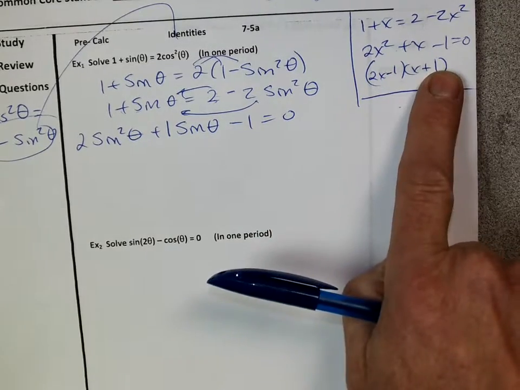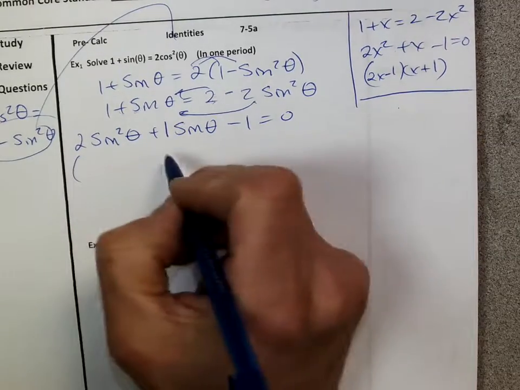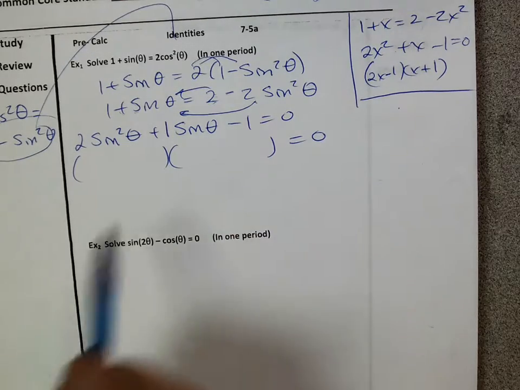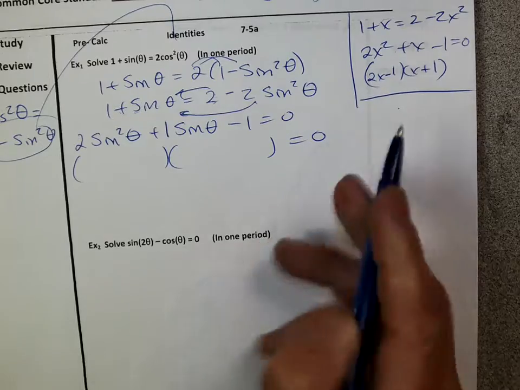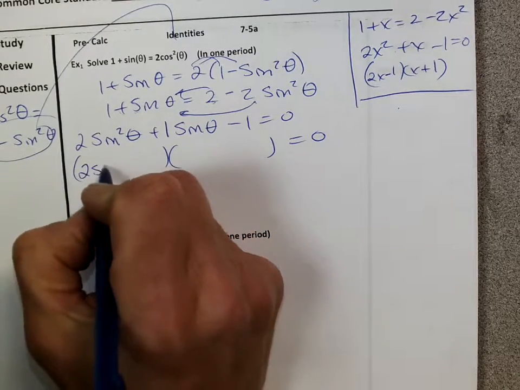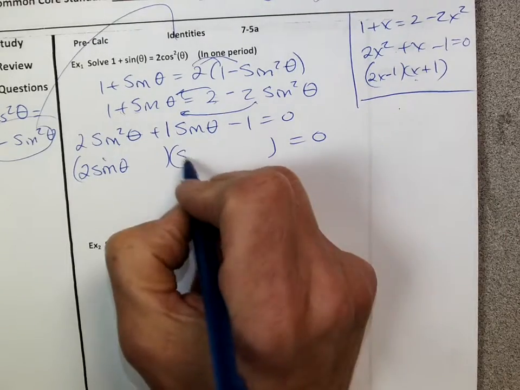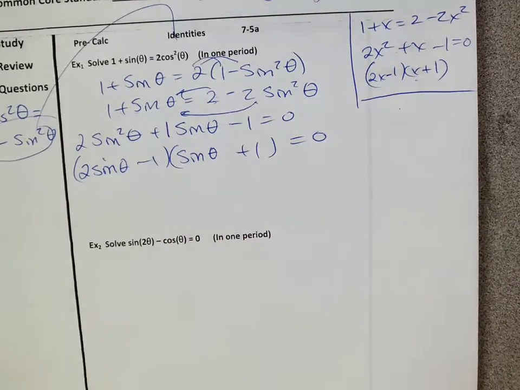Instead of x's, we've got sines, so let's just factor it, just like we would factor it in terms of x. Parentheses, parentheses, right? And instead of a 2x, we'll do a 2 sine theta. Instead of an x, we'll do a sine theta. We'll still do our minus 1 and our plus 1, okay?